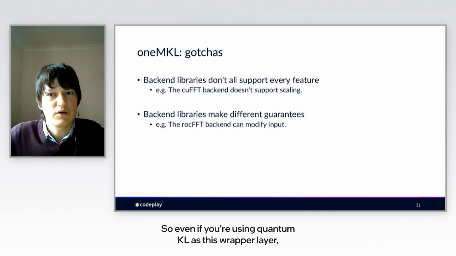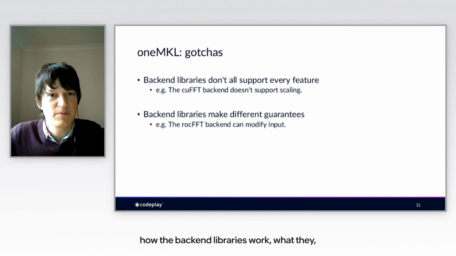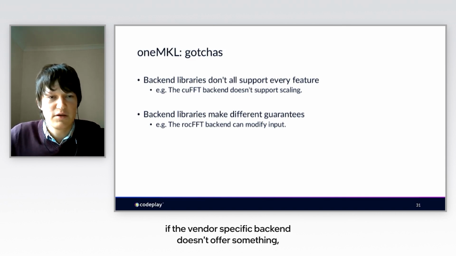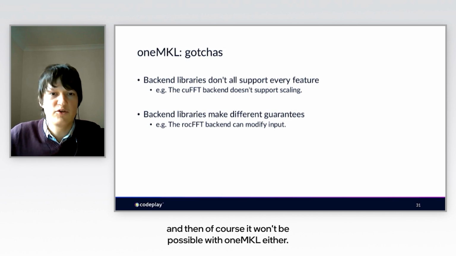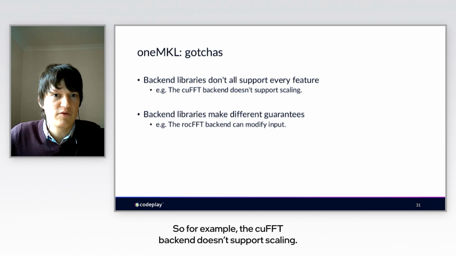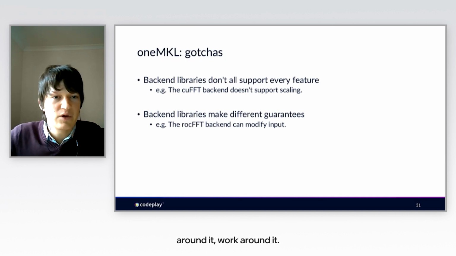So even if you're using oneMKL as this wrapper layer, it is worth knowing at least how the backend libraries work, what options they provide, and what they can do, because if the vendor-specific backend doesn't offer something, then of course it won't be possible with oneMKL either. For example, the cuFFT backend doesn't support scaling.